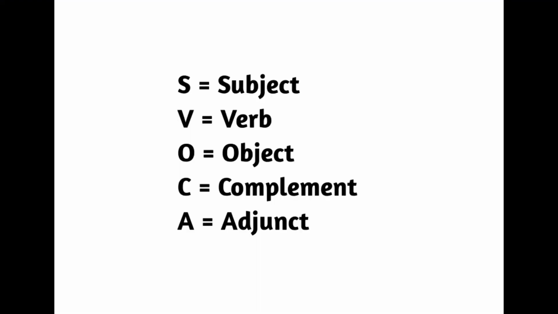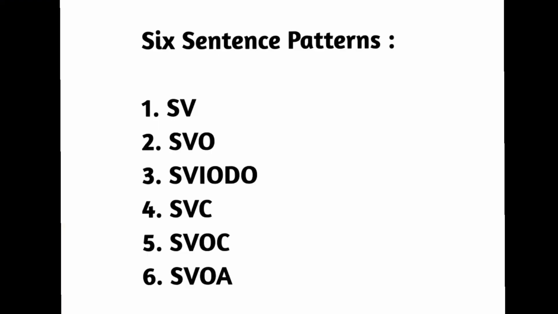S subject, V verb, O object, C complement, A adjunct. There are 6 sentence patterns in English. Number 1, SV. Number 2, SVO.